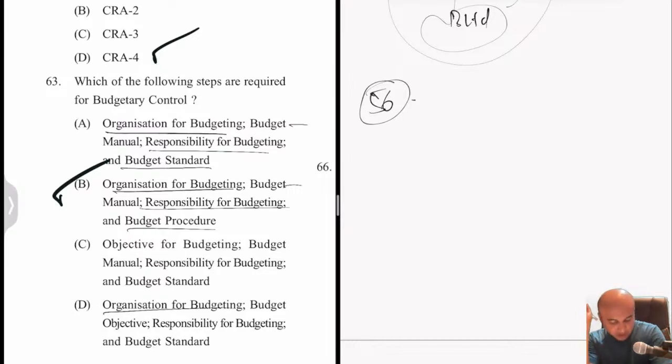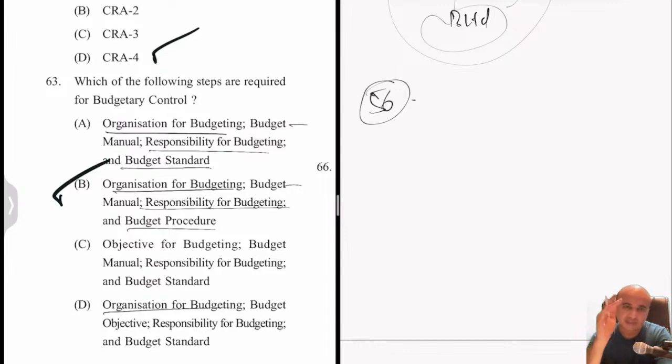Then we have the responsibility for budgeting. This is about assigning responsibility to different individuals or departments for preparing, monitoring and controlling specific aspects of the budget. Here we give them clear roles and responsibilities so that accountability is ensured and effective budget management is done.